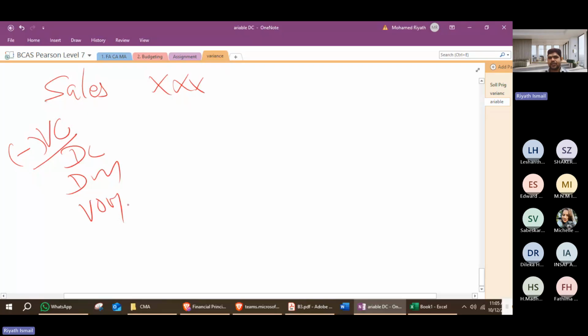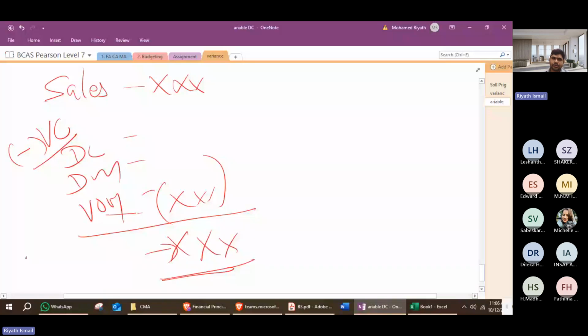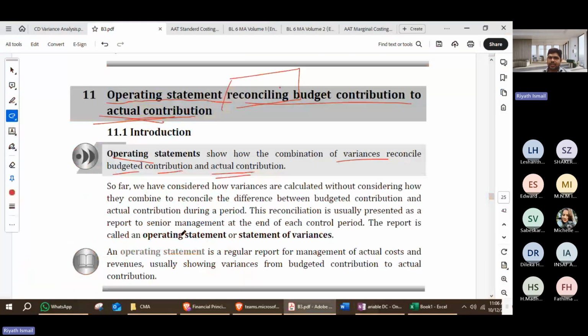If you put all these together and deduct them from sales, then you will get a figure. That figure is called contribution. So budget contribution and actual contribution.